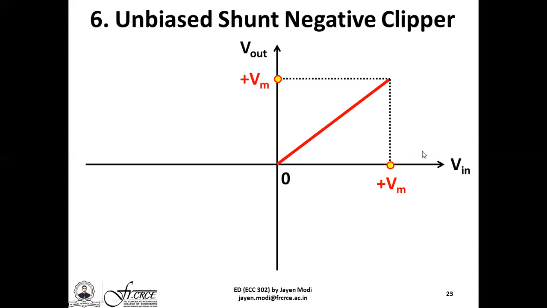However, for the negative half cycle, since the diode is now acting like a typical short circuit, the voltage across it will be essentially 0. So even though the input signal is changing from 0 to minus Vm, you do not have any change in the output signal obtained. This was the case for the unbiased shunt negative clipper.